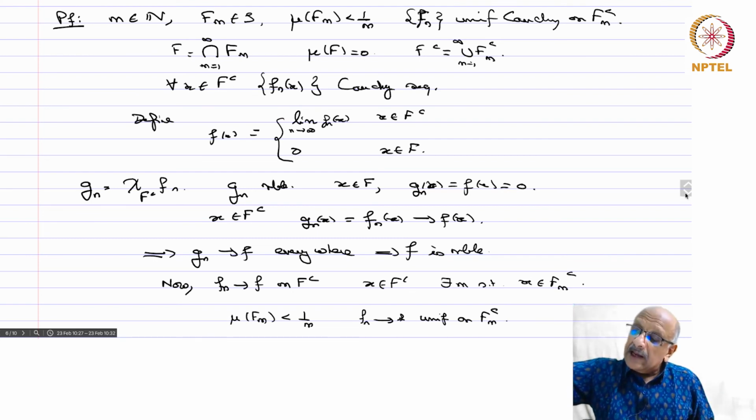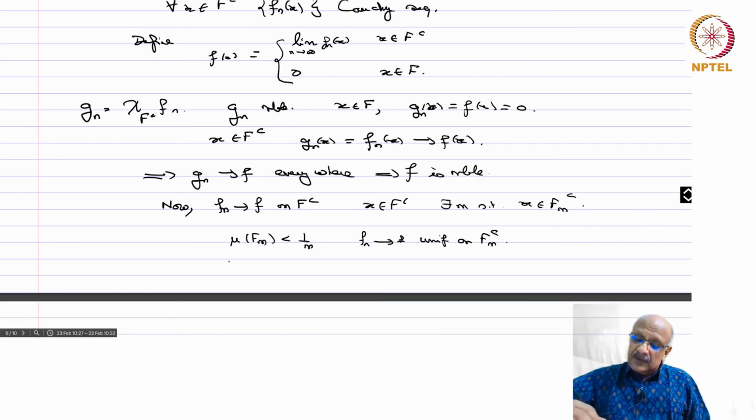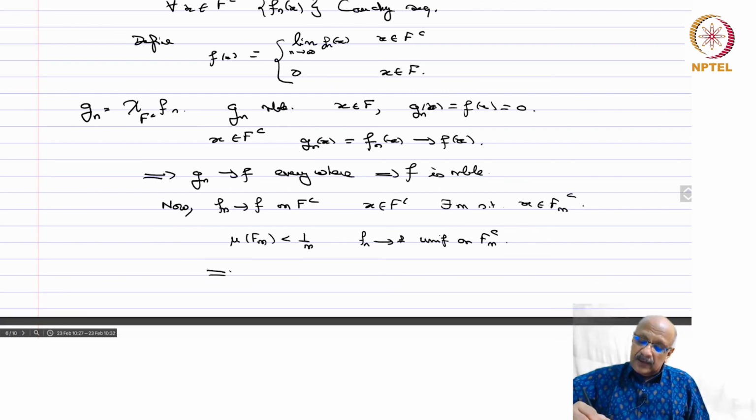So given any eta, you can choose m large enough such that 1 by m is less than eta, and then it converges uniformly on this set. Therefore fn converges to f almost uniformly.